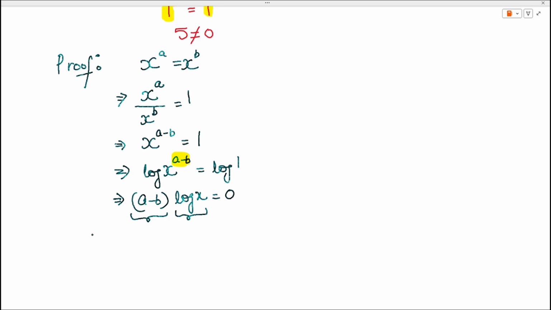So one condition is that a minus b could be 0. If a minus b is equal to 0, then definitely we can have a equal to b.